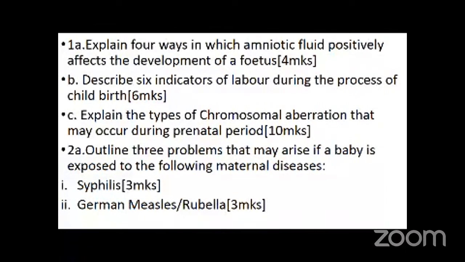Unlike gonorrhea, syphilis, if untreated, disappears on its own, but it is causing damage to the infected person's body.